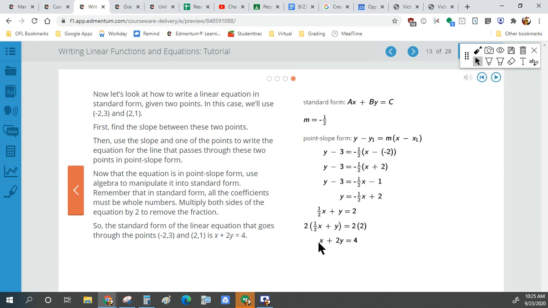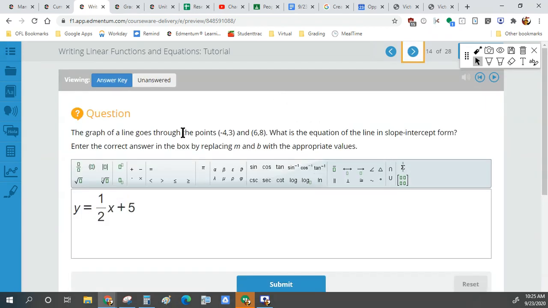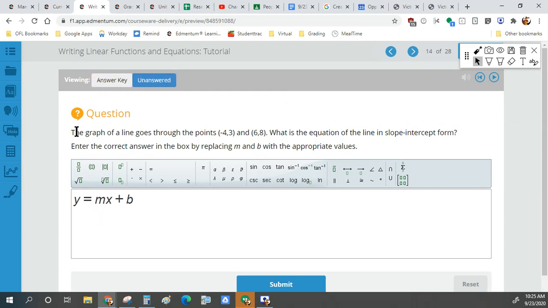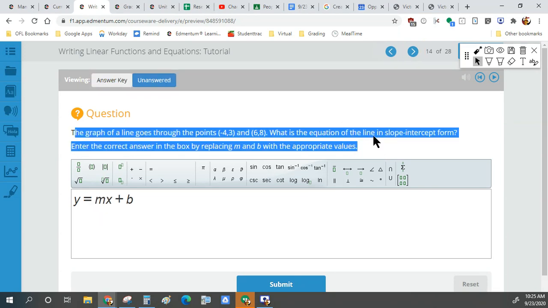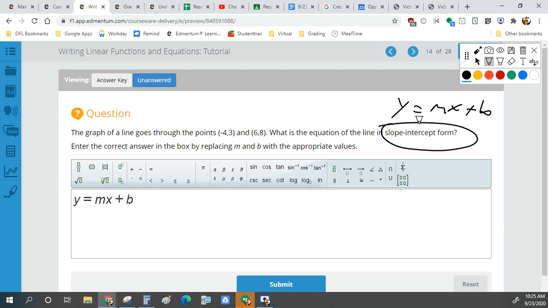So that's how you would get rid of it, to have the whole number form. All right. So this one right here, it's saying we want to graph a line that goes through this point, and we want it in slope-intercept form. So slope-intercept form, this is the one that's y equals mx plus b.